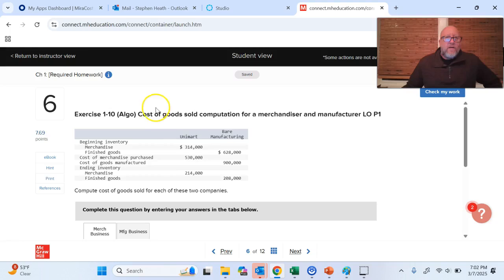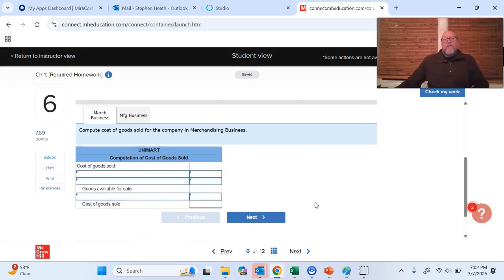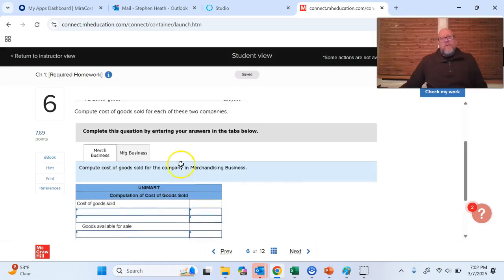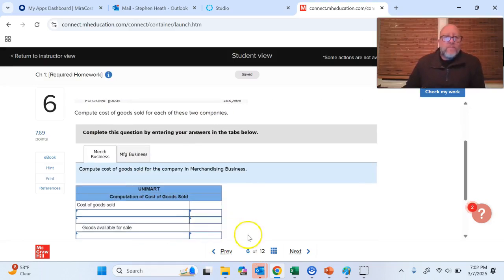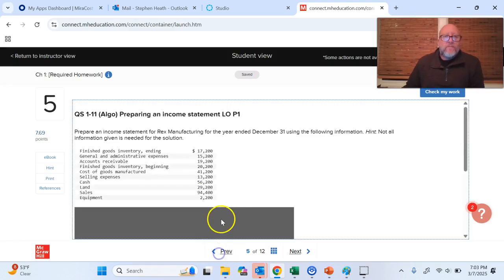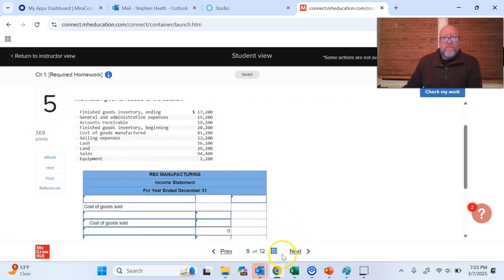Question 6. Cost of goods sold computation for a merchandiser and a manufacturer. Okay. So remember, a merchandiser, let me back up for a second. Did I misread that previous question? Prepare an income statement for Rex Manufacturing. No, we got it right.